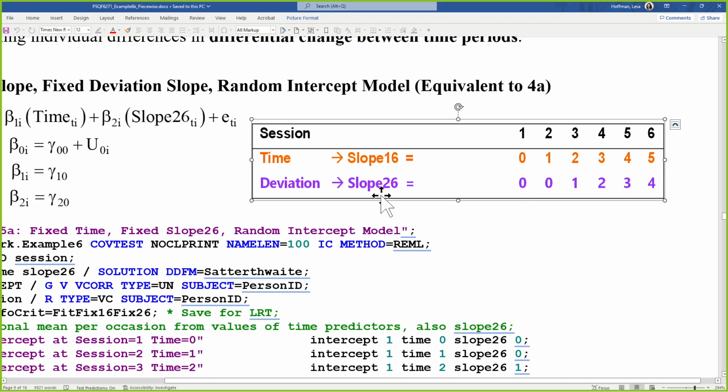So slope 2.6, when it's paired with slope 1.6 like this, is going to tell me how the rate of change differs after session 2. And this version is more useful if you're interested in a phenomenon that was going to change anyway, and you want to know if change happened differently after some point.